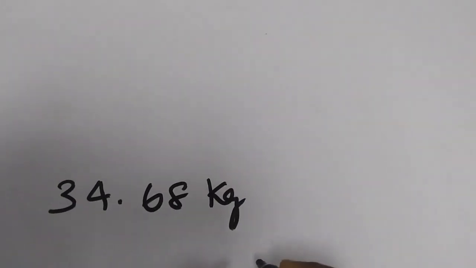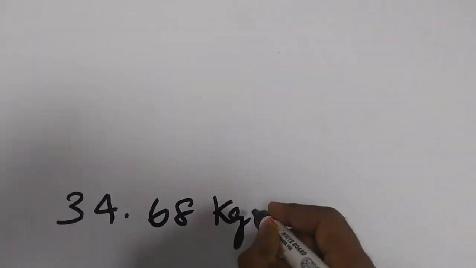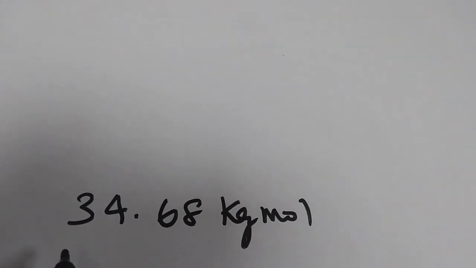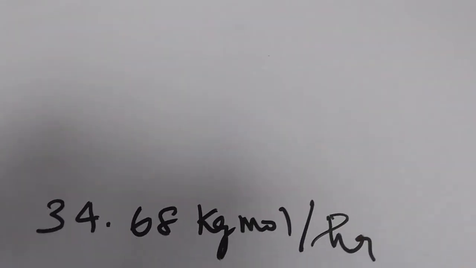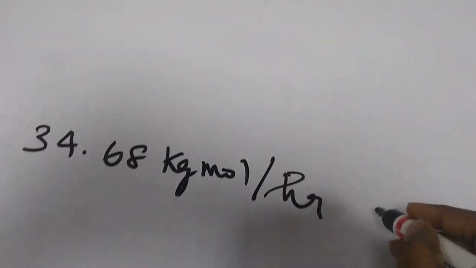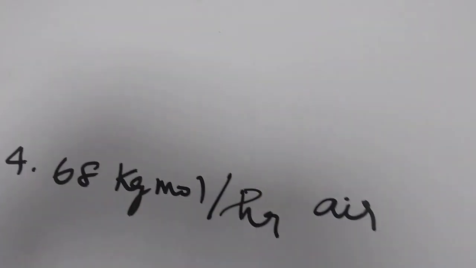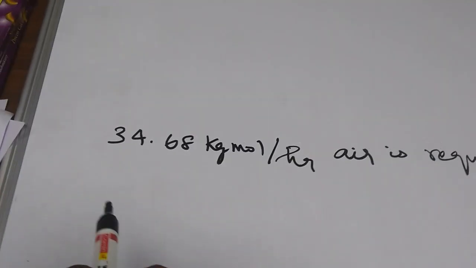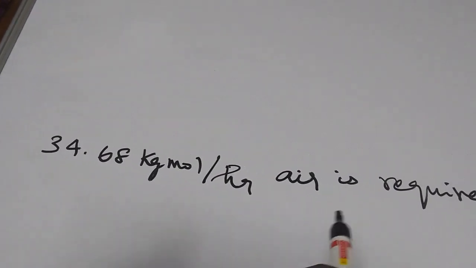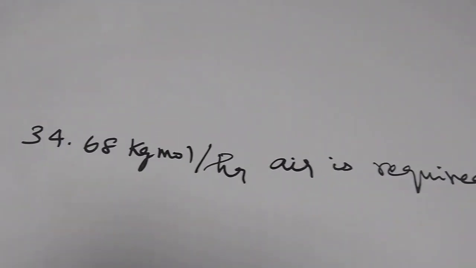For an industrial process, 34.68 kg moles per hour of air is required.